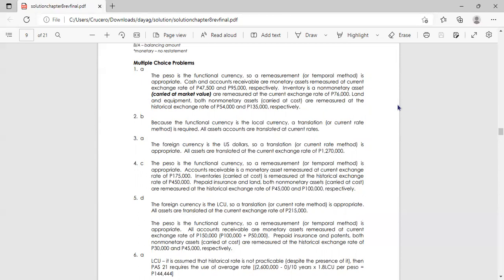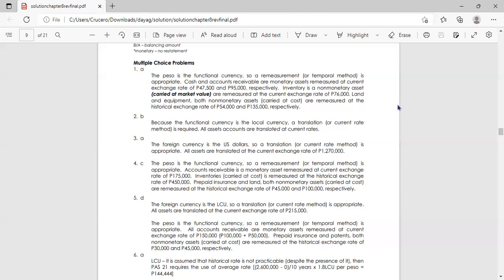Certain balance sheet accounts of a foreign subsidiary of Parker Company, December 31, 2024, have been restated into pesos as follows. So we have now the restated amounts at current rates and at historical rates: cash, accounts receivable, inventory, land, equipment, and the total.